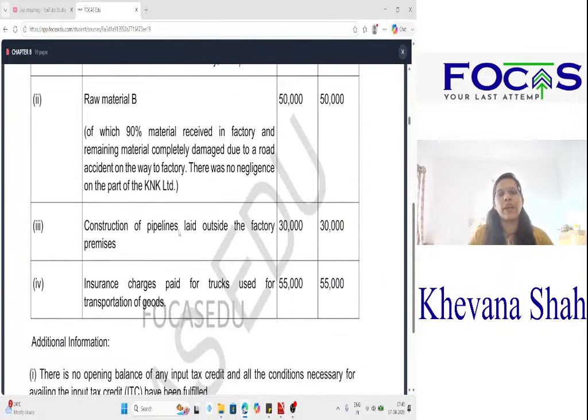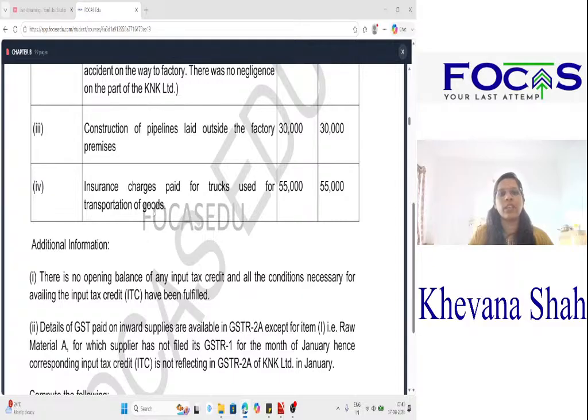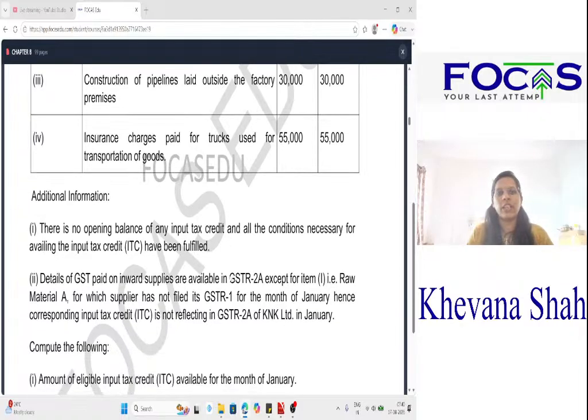Then construction of pipelines laid outside the factory premises, 30,000 each, and insurance charges paid for trucks used for transportation of goods, 55,000. Now remember, for trucks we are availing ITC, so in that case the insurance charges for the trucks will also be allowed ITC.